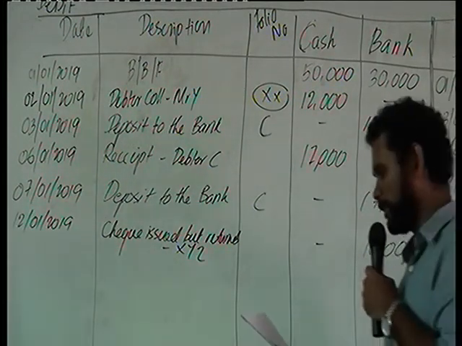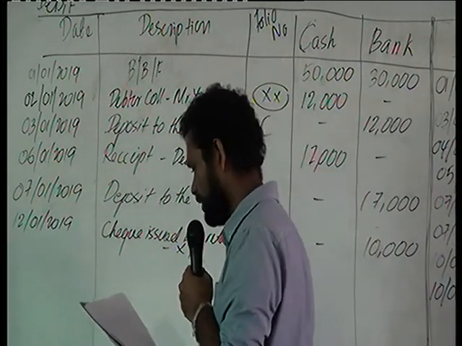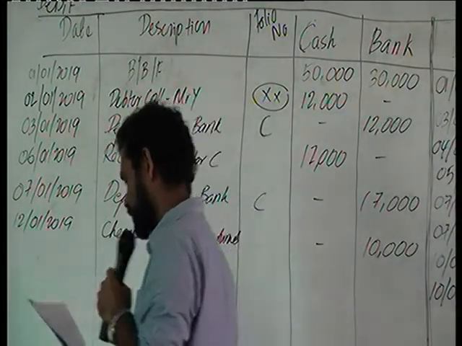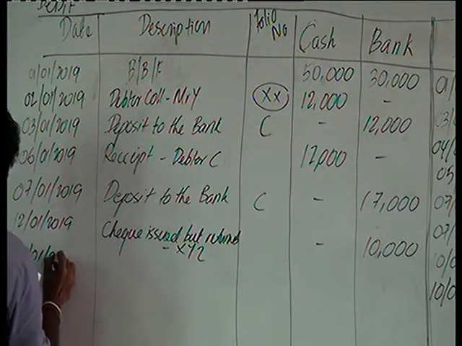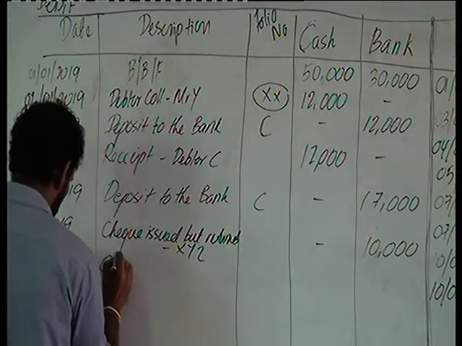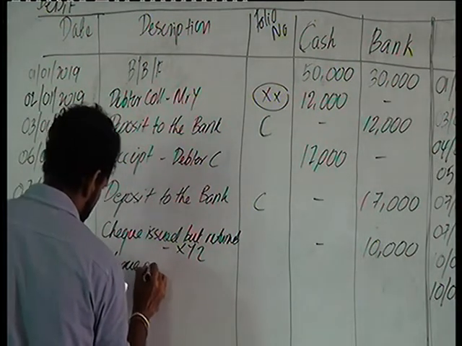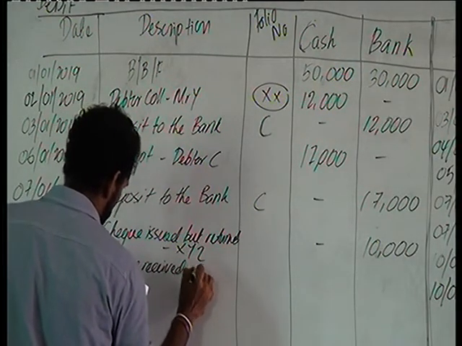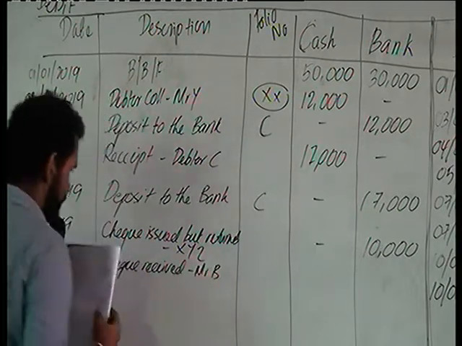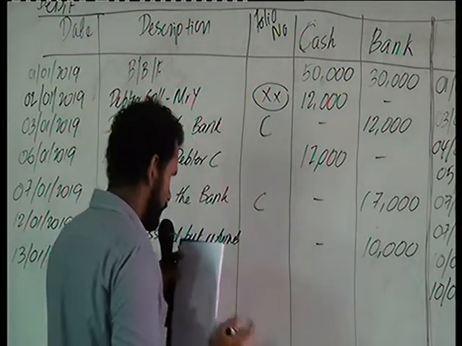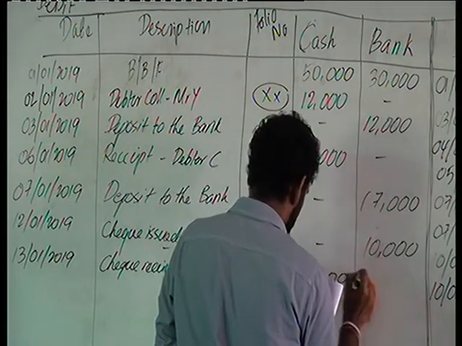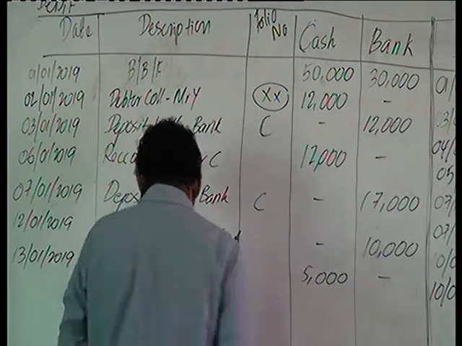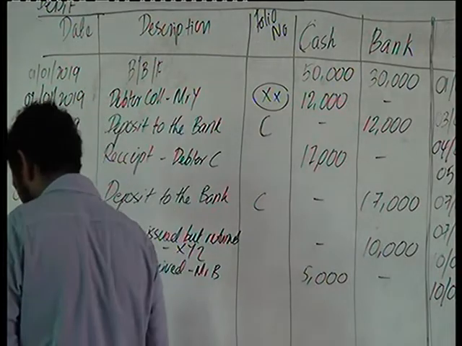So here, initially we will be receiving the 5,000 check. So on 13th January 2019, check received from Mr. B amounting to 5,000. As the policy, they will be initially depositing it into cash, and on the next day they will be realizing it.